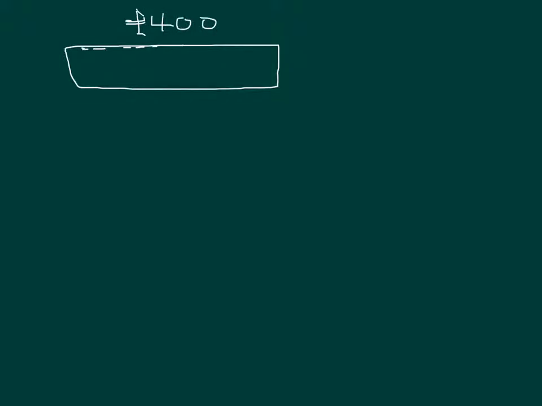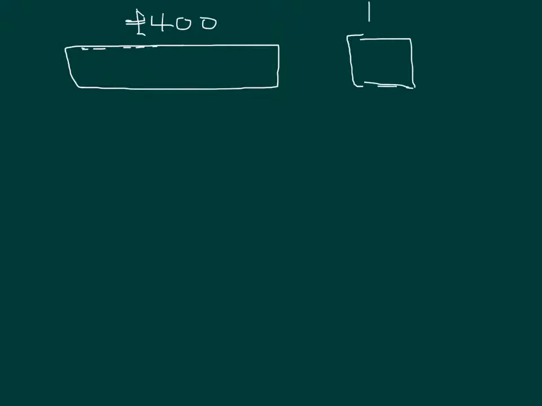Now, when we do increase or decrease, let's think about what we did when we were doing it without a calculator. So, we took our original amount, our £400 or whatever it was that we had. And if we were doing a 15% increase, we would find 15% of it.